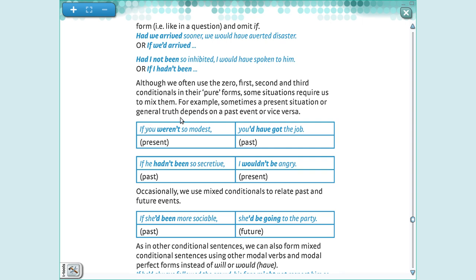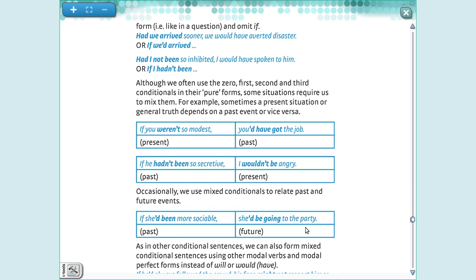I have a present condition of a past result. Okay? Here I use the beginning of the third condition with the end of the second. So I have a past condition of a present result. And in this one, I use past perfect and would be and ing. So I have a past condition of a future result.